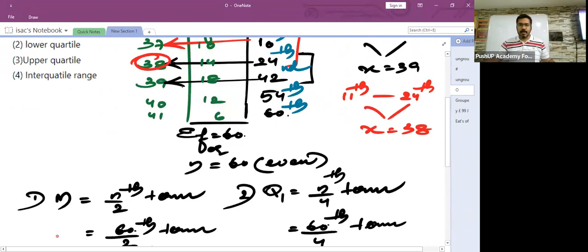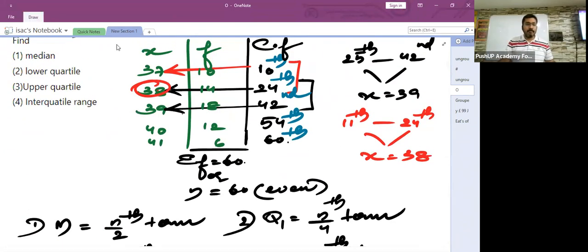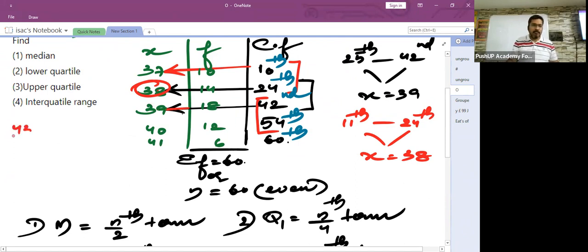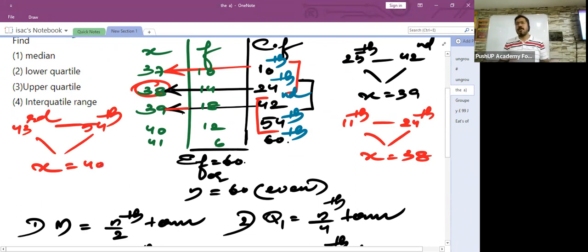Children, where is the 45th term going to come? Between 42 and 54, isn't it? This is your 42nd and this is your 54th term. Exactly the 42nd term is 39. So from the 43rd till the 54th term, what would be the value of x? It would be 40.